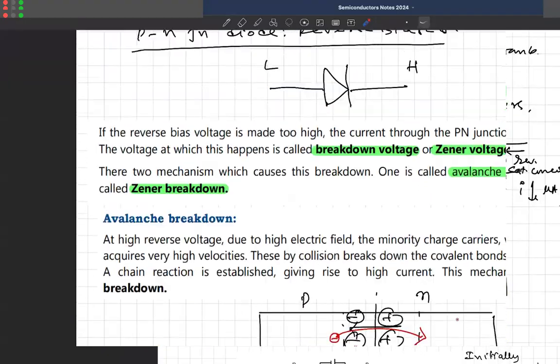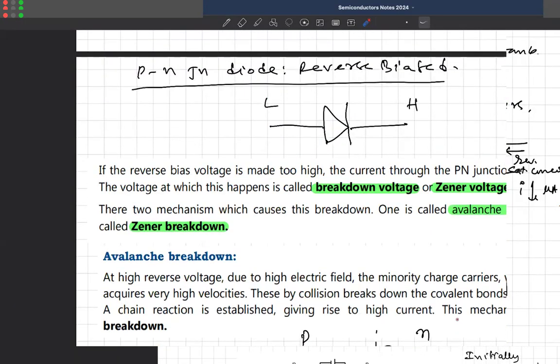What is happening specifically for a PN junction diode under reverse biased mode? Let me give you some explanation in detail.